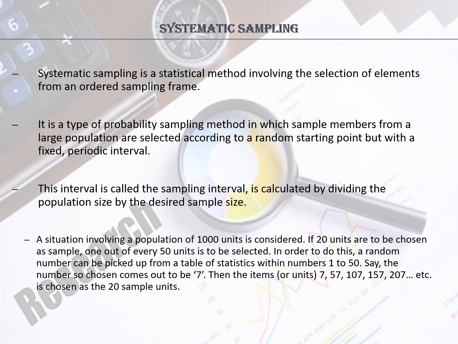Say the number so chosen comes out to be 7, then items could be like 7, 57, 107, 157, 207, etc. is chosen as the 20 sample units.